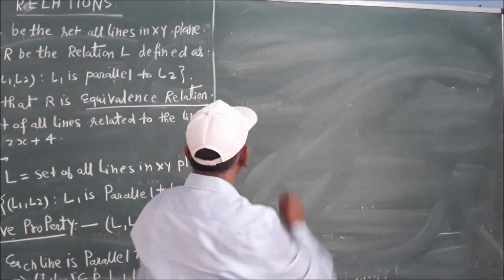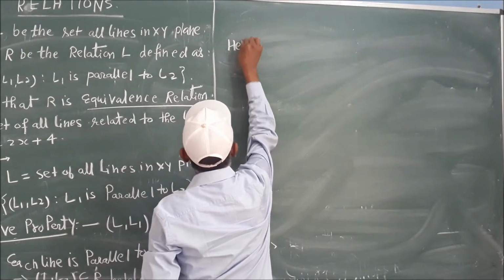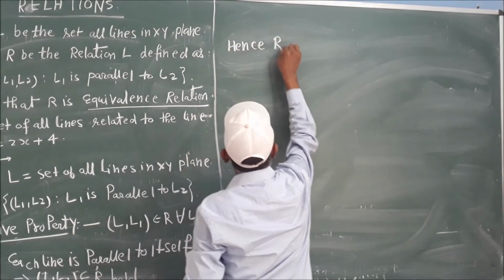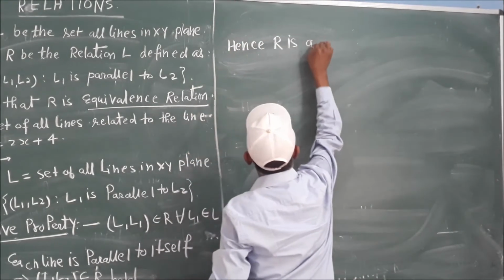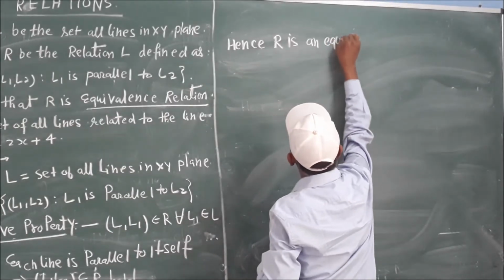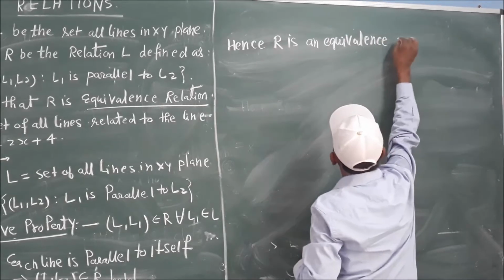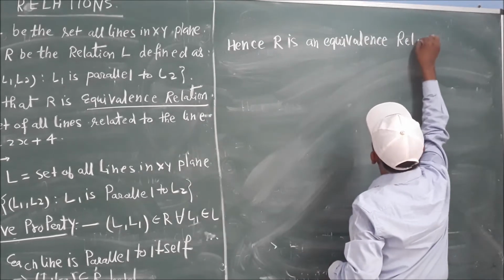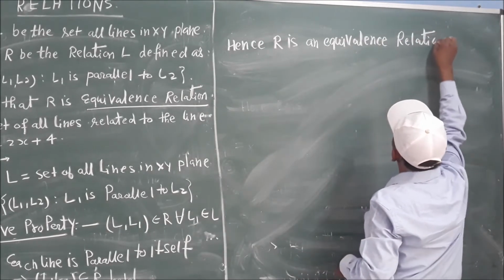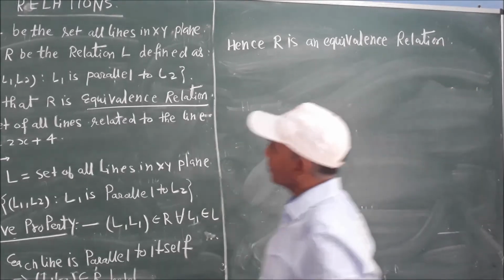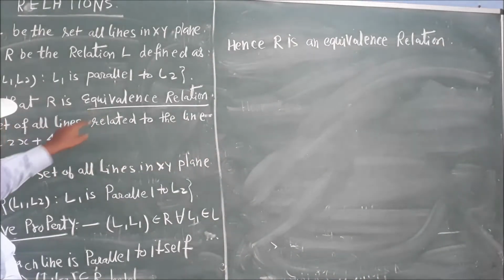Hence R is an equivalence relation. And then we have proved R is an equivalence relation.